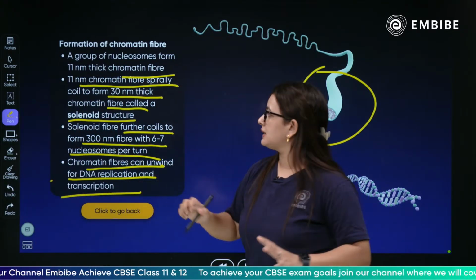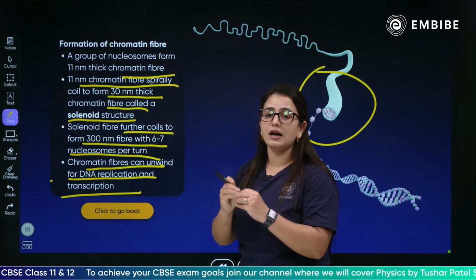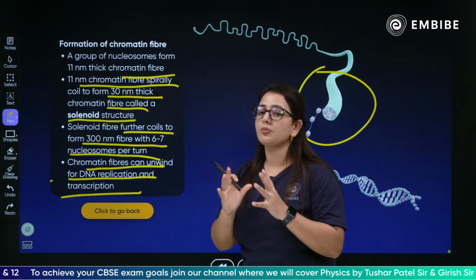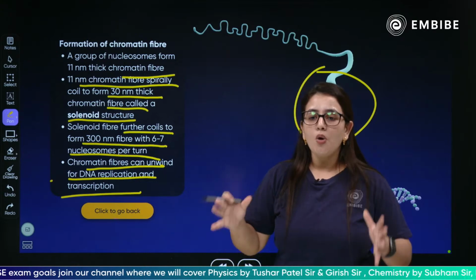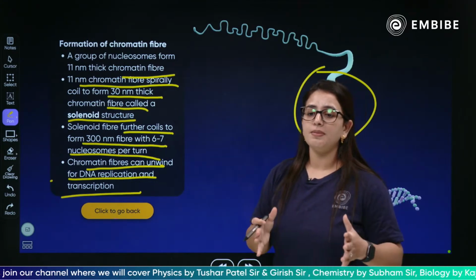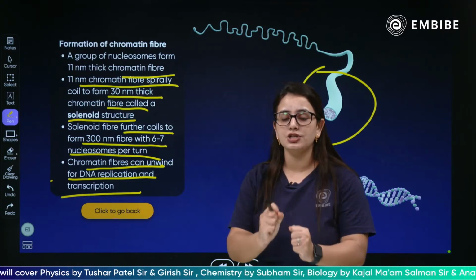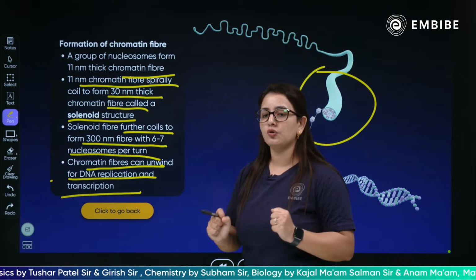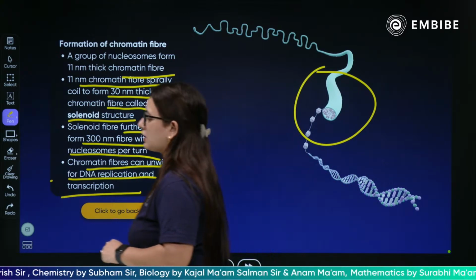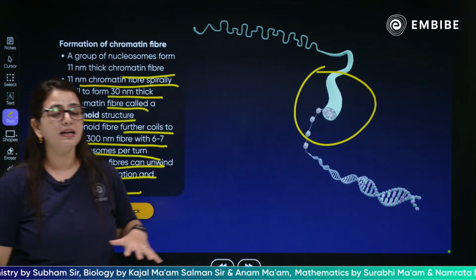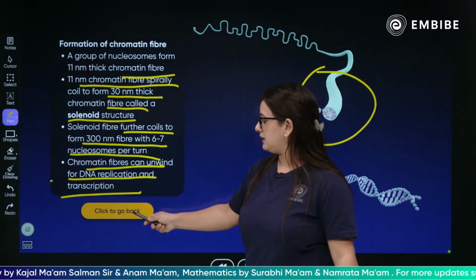It is basically an 11 nm thick chromatin fiber spirally coiled into a 30 nm thick chromatin fiber, called a solenoid structure. This is what a solenoid structure looks like. The chromatin fiber can easily unwind whenever DNA replication and transcription are needed.